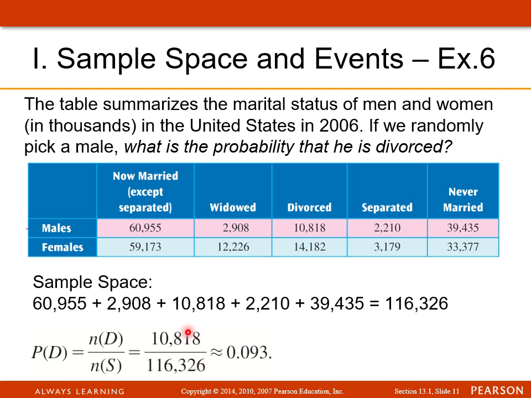So again, we make it into a fraction, and we divide that, we get 0.093 would be our probability. If you wanted to change that to percent, of course, we would just move the decimal over 2 places. So about 9.3% likely that if you choose a male randomly, that he's been divorced.